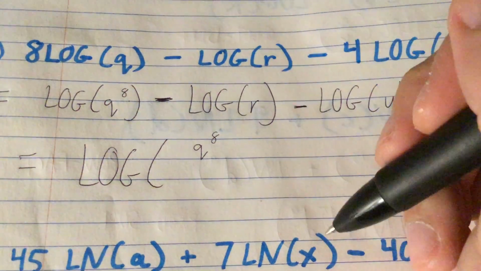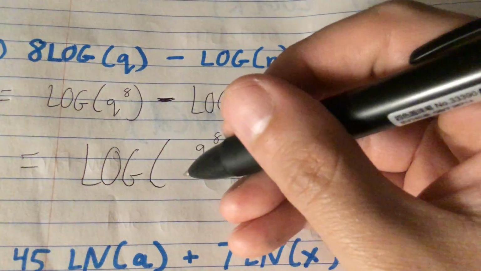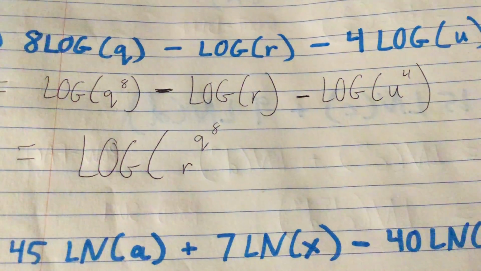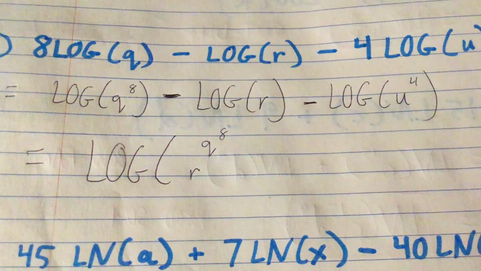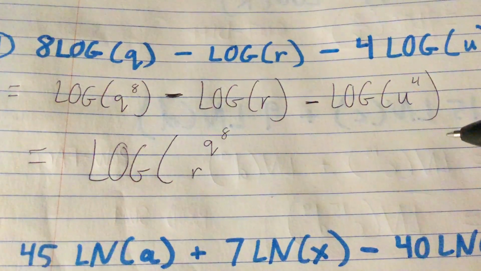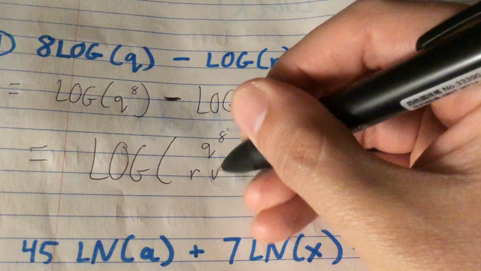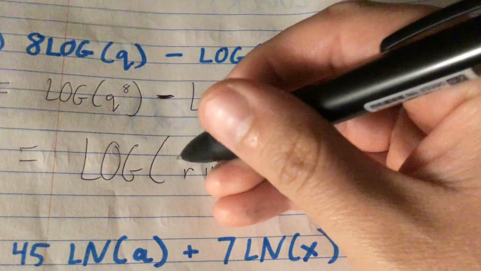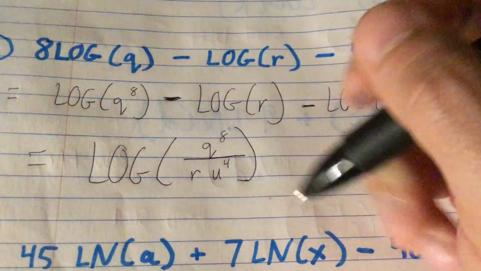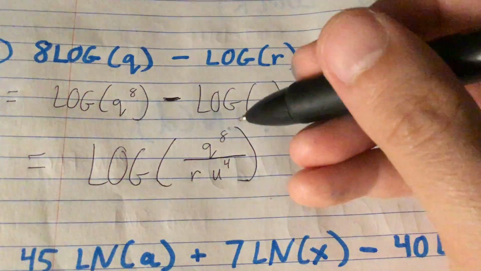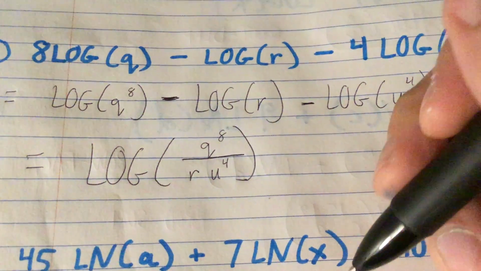But we've got a negative log of r, so that r goes on the bottom. And we've got a negative u to the 4th, minus log of u to the 4th, so that u to the 4th can also go. So now this whole thing can become log of q to the 8th over r u to the 4th.